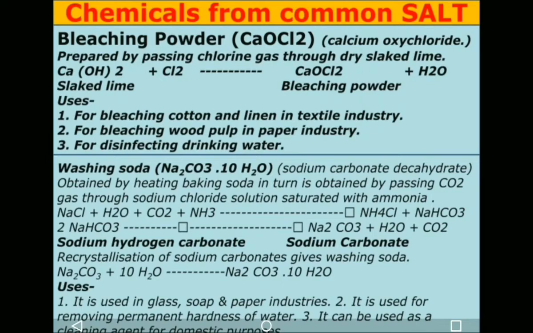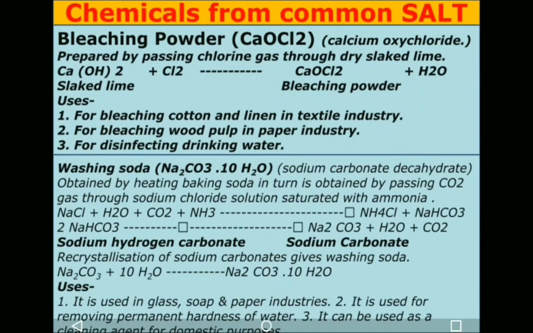We react chlorine with calcium hydroxide, called slaked lime. See the reaction. Calcium hydroxide reacting with chlorine forms bleaching powder, calcium oxychloride, plus water. I hope you understood this preparation of bleaching powder, which is very easy.